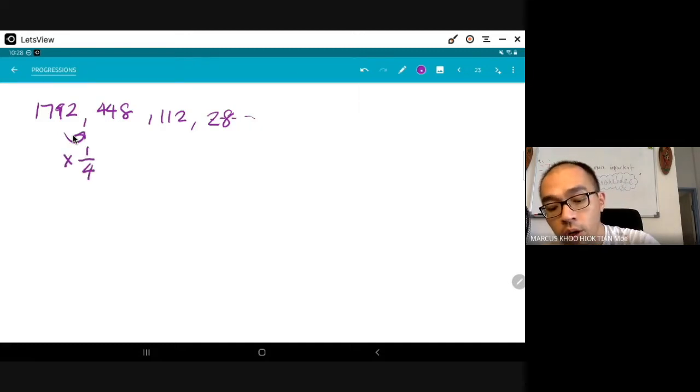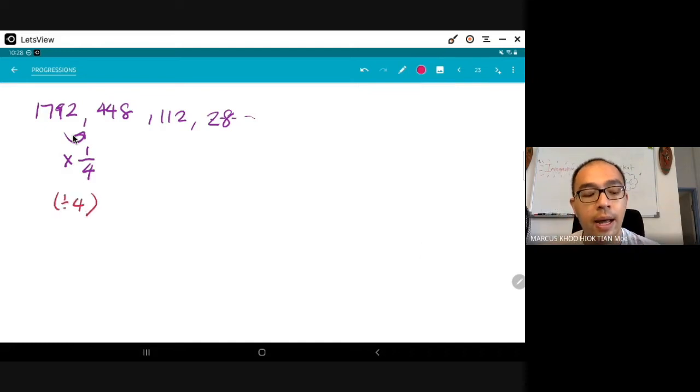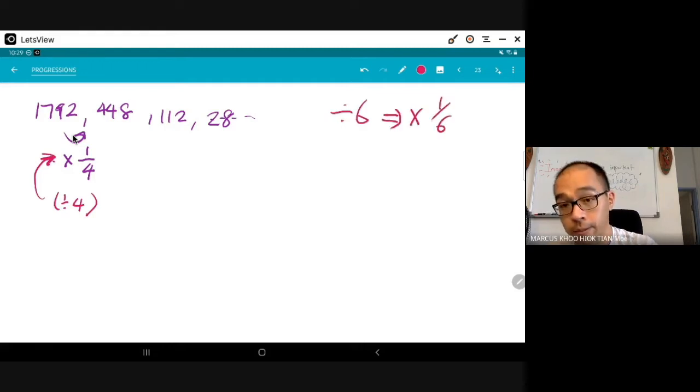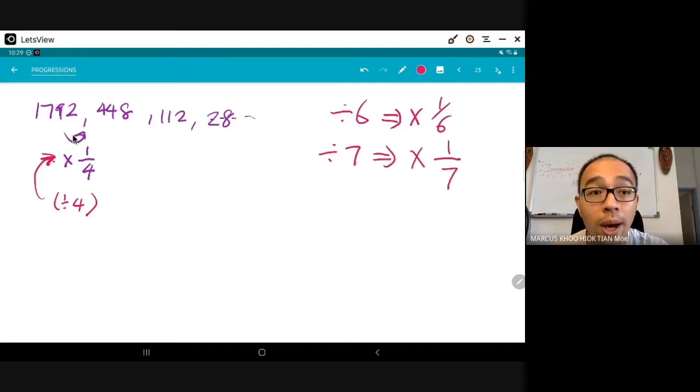I know before this I said it's divide by 4, but I want you to change it this way. So it's times 1 over whatever the number. If it is divide by 6, it will be times 1 over 6. It's the same meaning. If it is divide by 7, it will be times 1 over 7. Why am I so particular about this?